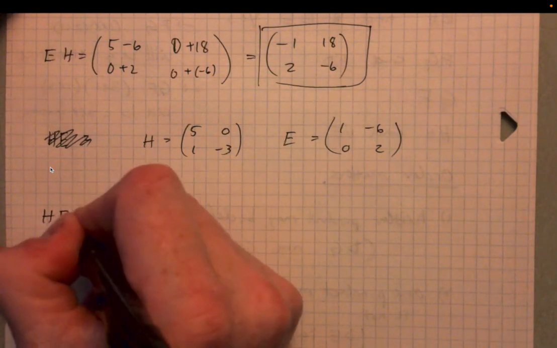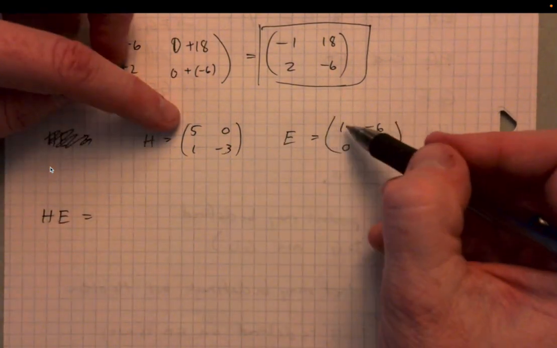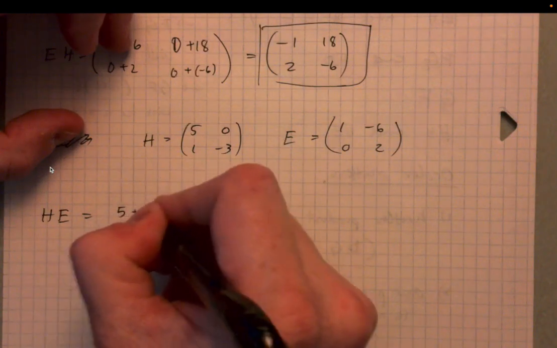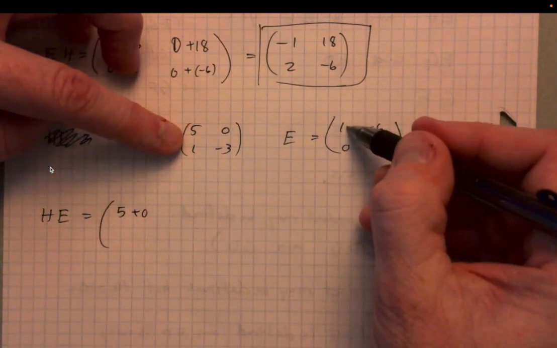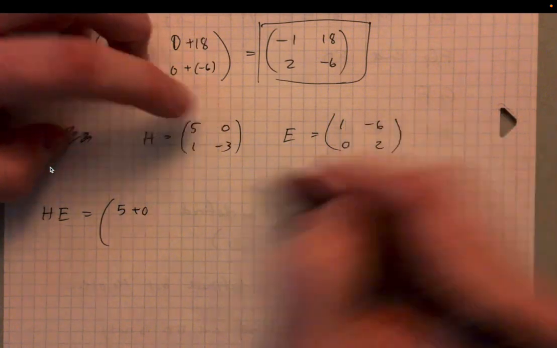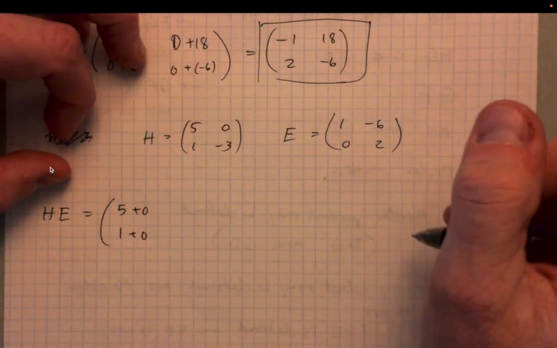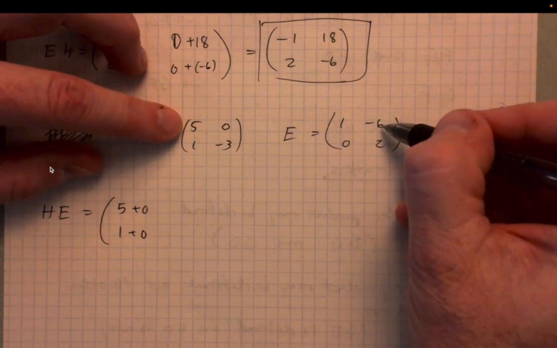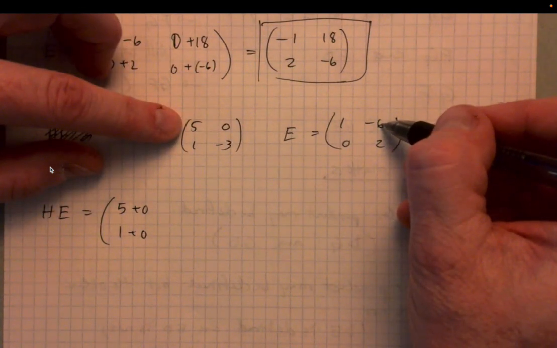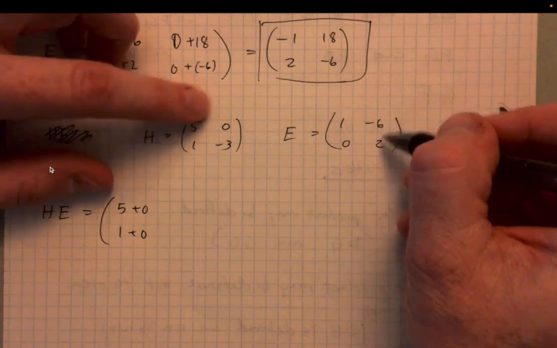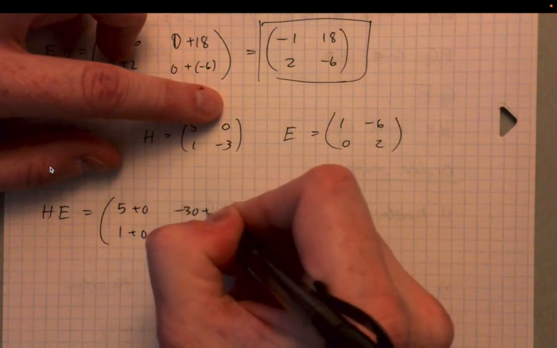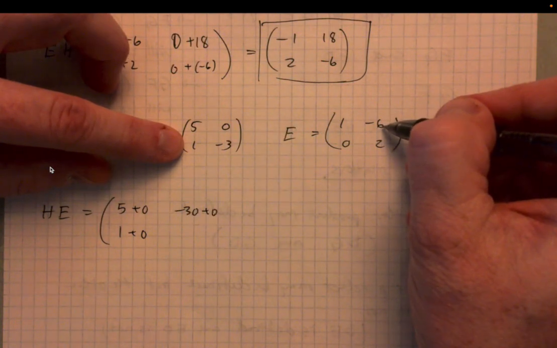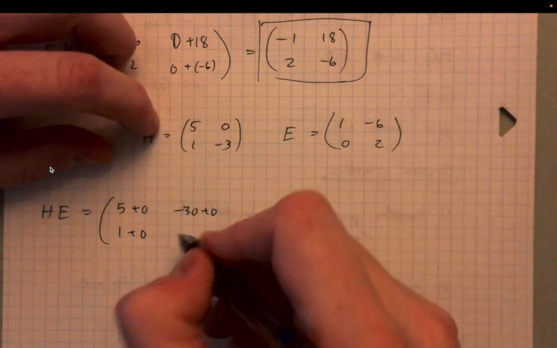Right, so HE, that's 5 plus 0, and then it's 1 minus 3, 1 plus 0, and then it's 5 times negative 6, so that's negative 30 plus 0, and then it's negative 6 minus 6.